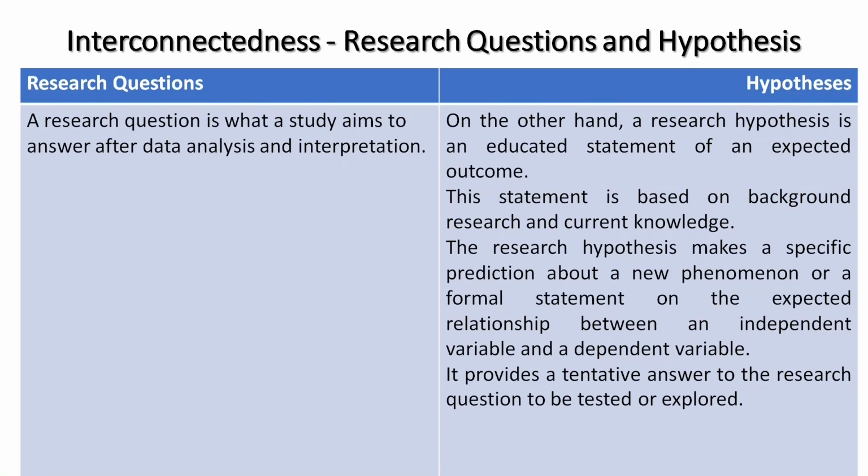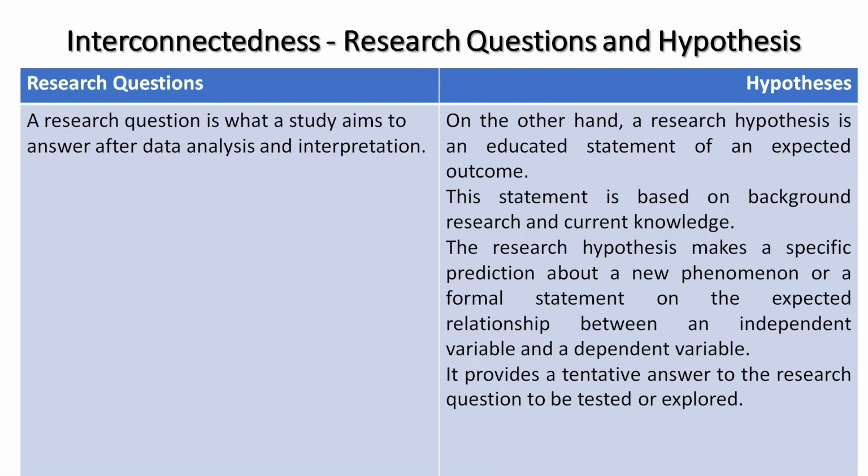So, on this side we see that a research question is what a study aims to answer after data analysis and interpretation. I repeat again so that we can very clearly set this sentence in our mind.